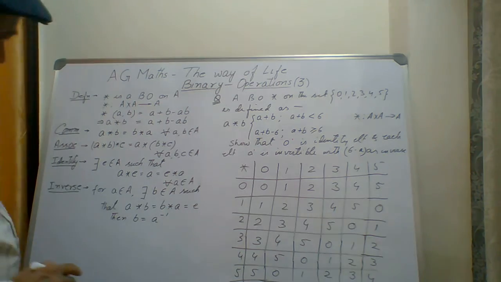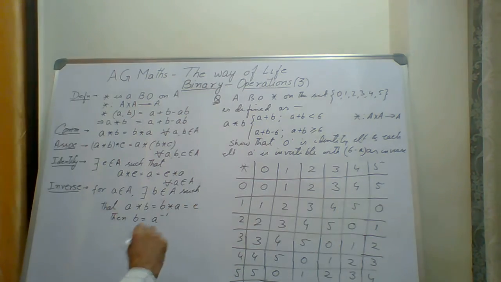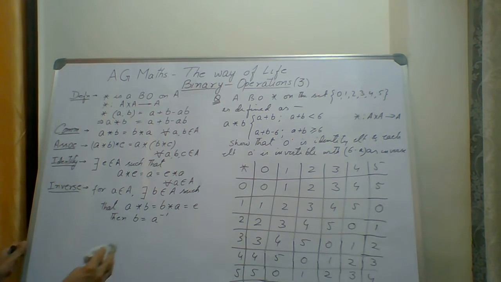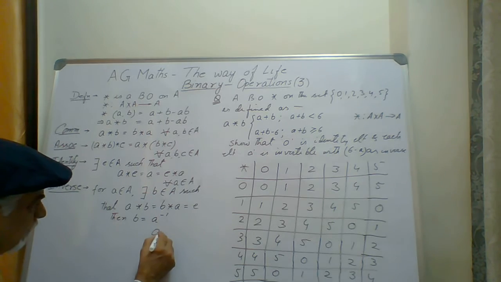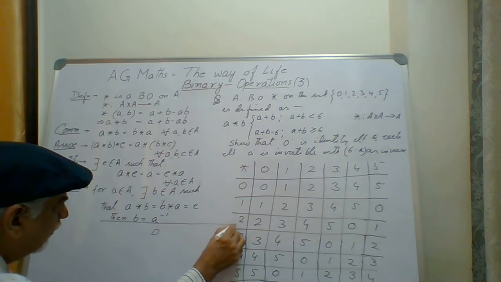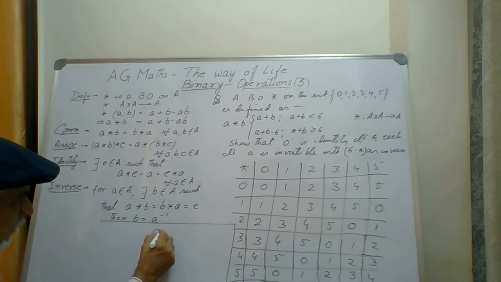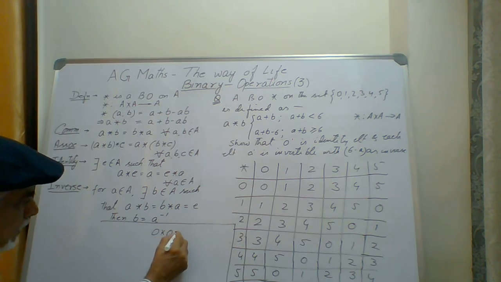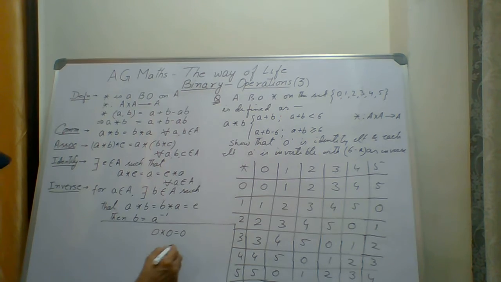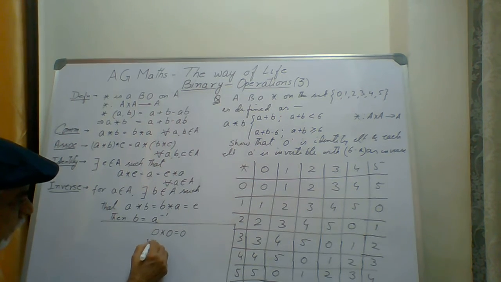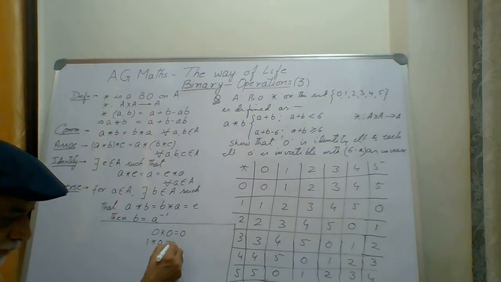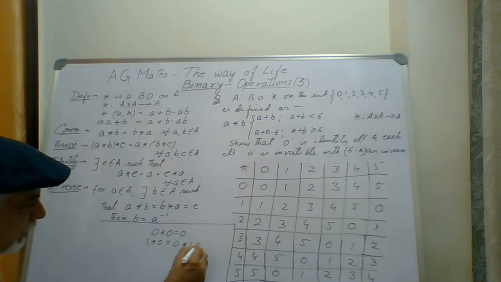So we write that 0 binary 0 is 0, correct. And then 1 binary 0 is equal to 0 binary 1 is equal to 1.